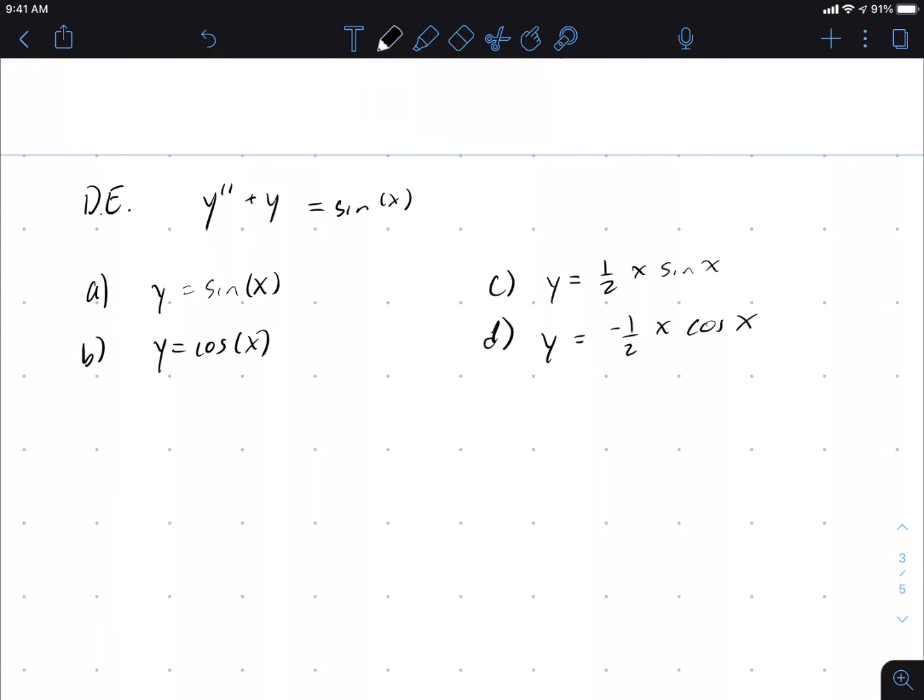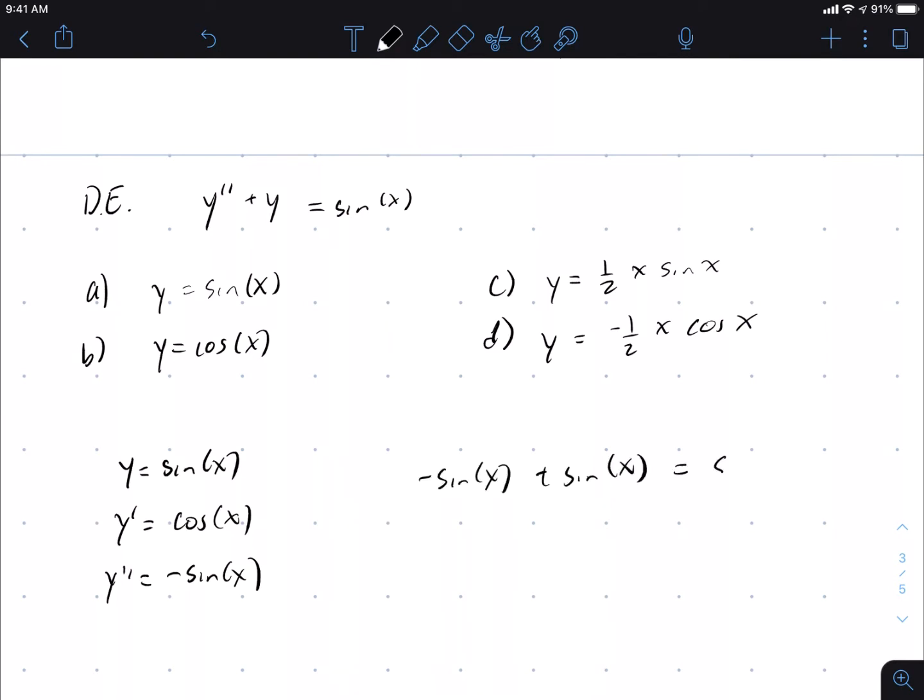So we can see, if we did A, y is equal to sine of x. I just want to show you the process. Y prime is going to be cosine of x, and y double prime is going to be negative sine of x, correct? So if I do that, don't I get negative sine of x plus sine of x?